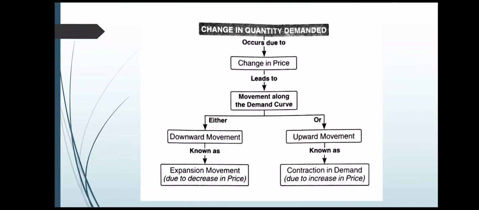Downward movement is also known as expansion movement or expansion in demand, which happens due to decrease in price, and upward movement is also known as contraction in demand, which takes place due to increase in price.